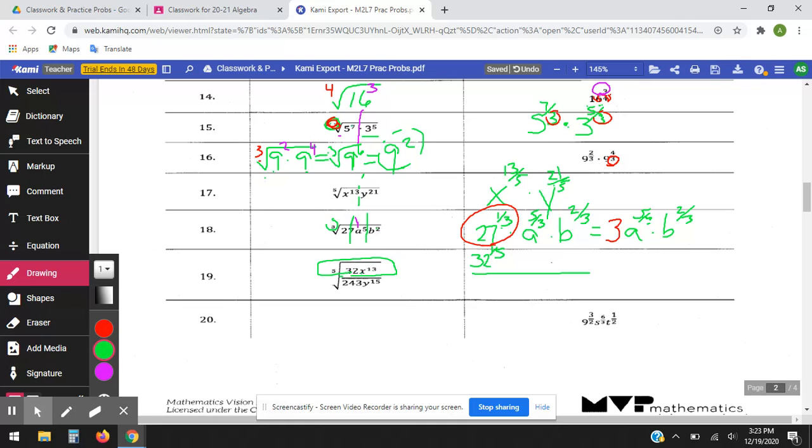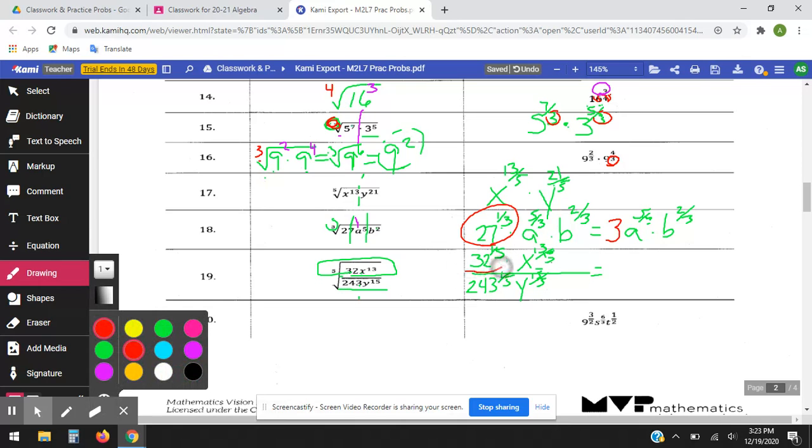And then we're going to take our x times x to the 13 fifths power. Now let's go to our denominator, 243 to the 1/5 power, and then y to the 15 fifths power. A lot of numbers there. We can't reduce it though.